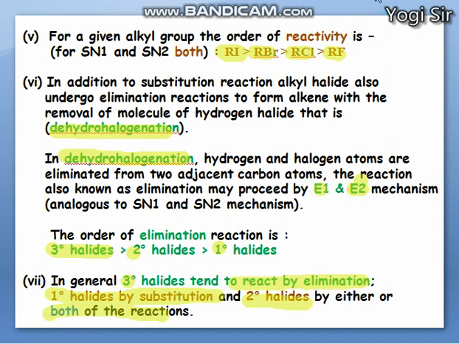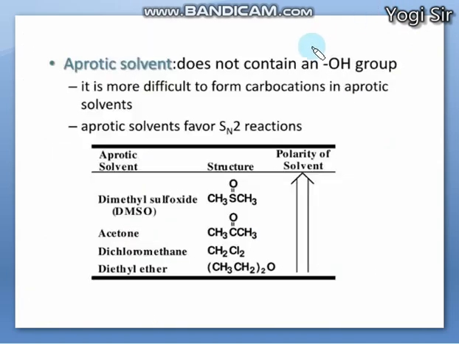Next are the types of solvents, starting with aprotic solvents. Aprotic means they do not contain any hydroxyl group or release a proton, that is, they do not liberate H plus.